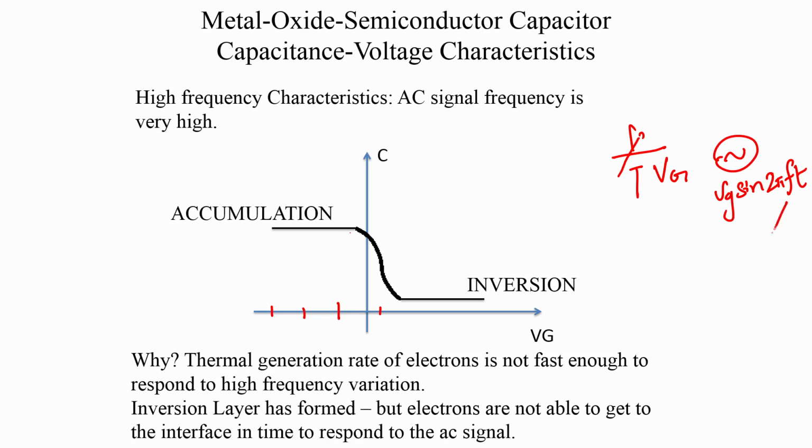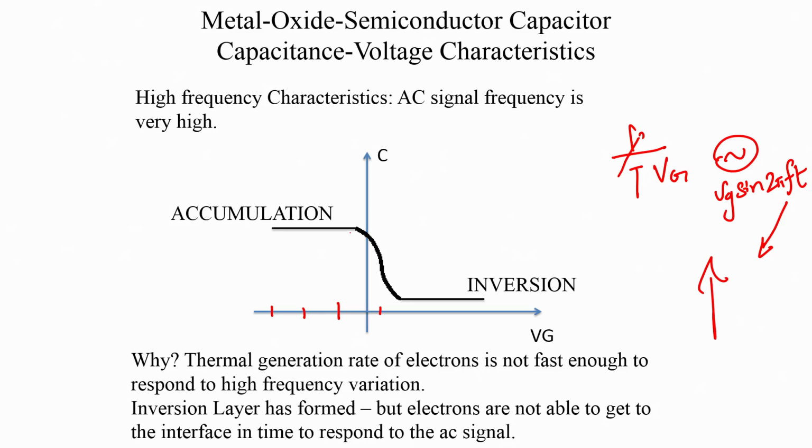But this AC signal frequency has now become very large. You have ramped it up, it is not low, and it has become so large that it is greater than the thermal generation rate of the electrons. So, in this case what happens?